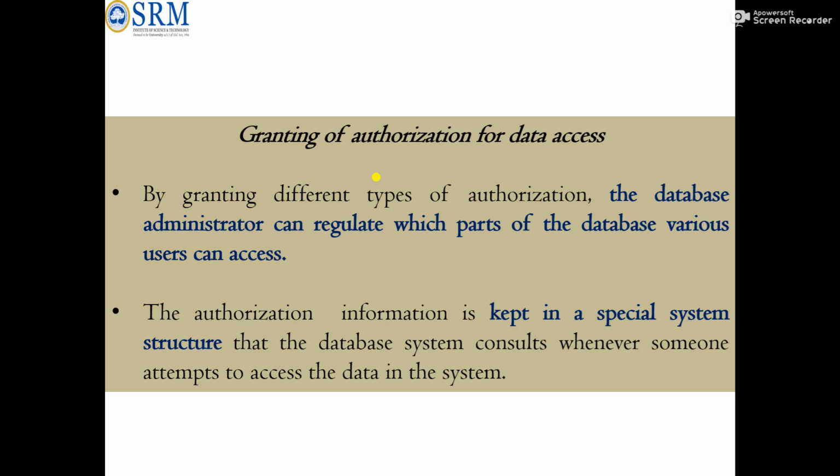And this authorization information is stored in a separate, special system, so that whenever any user or any higher level user wants to access, they will look at the authorization information to check whether they are authorized to access the information before attempting to access the database.